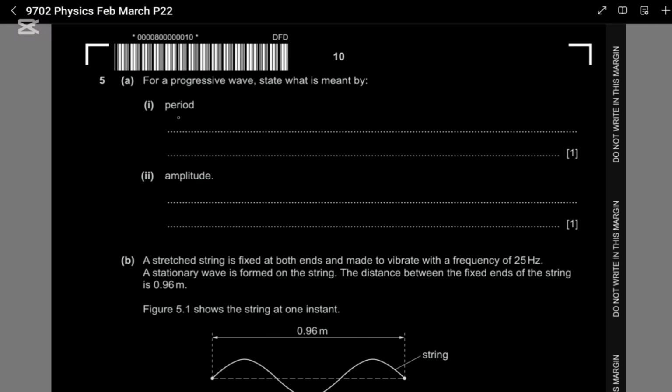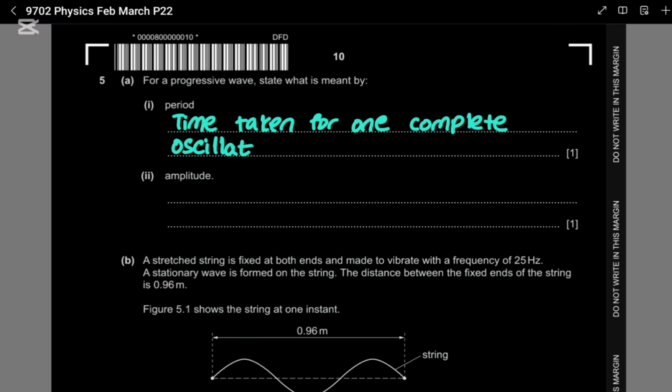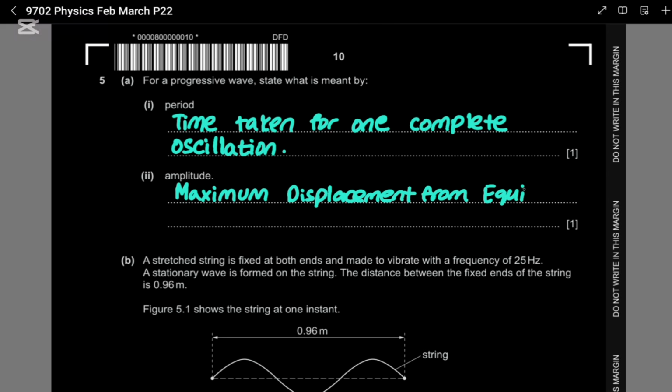Okay, so period is the time taken for one complete oscillation, whereas amplitude is the maximum displacement from mean or equilibrium position.